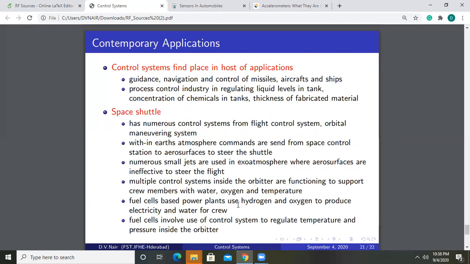Then there are multiple control systems for efficient utilization of fuel, both for electricity and for water, and keeping the oxygen level sufficient inside the space shuttle for the cabin crew.